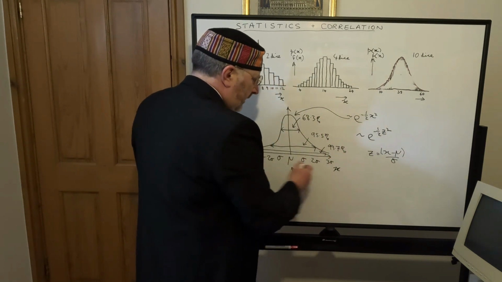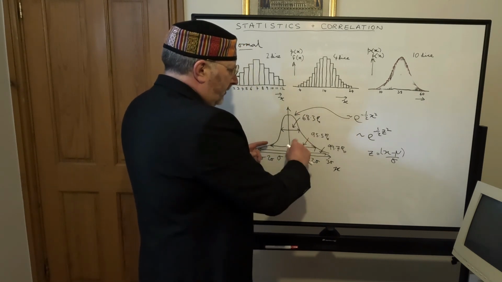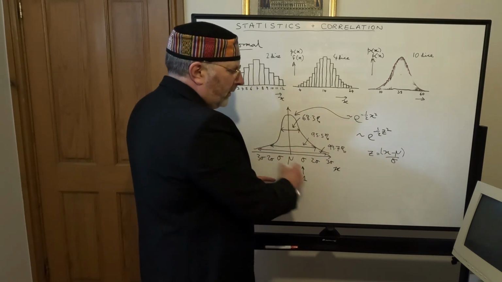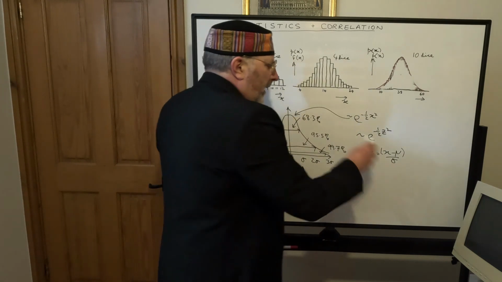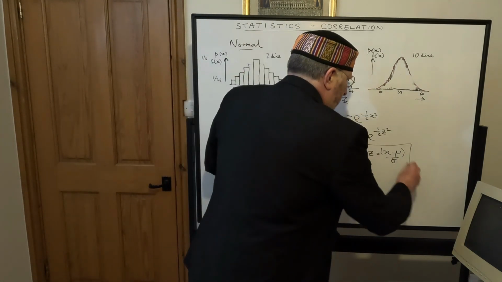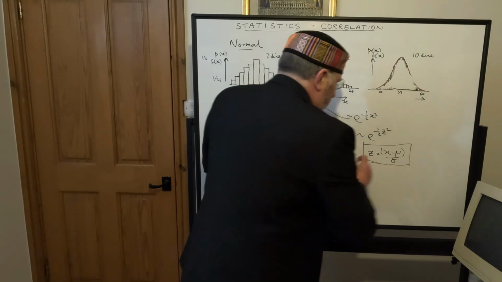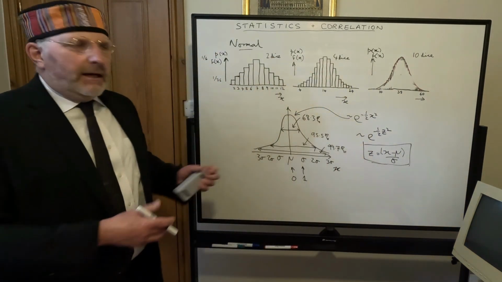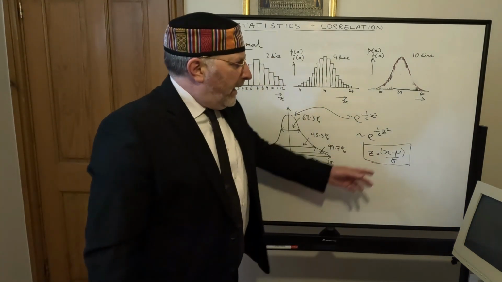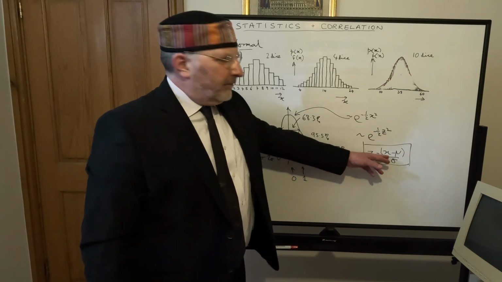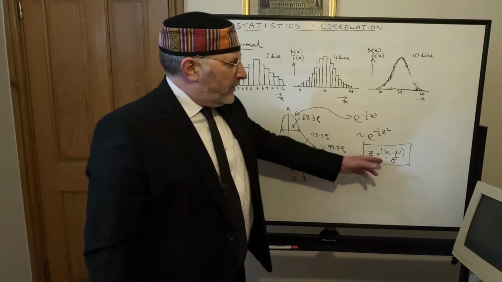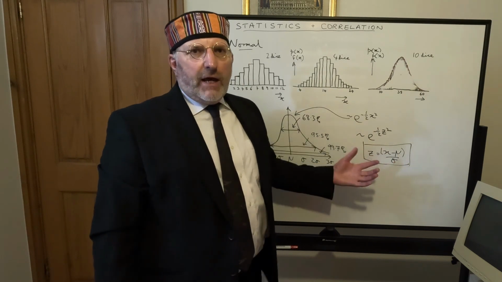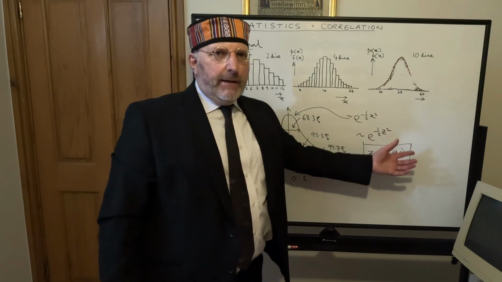So it will correspond to this same curve, the curve that's centered on 0 with a standard deviation of 1. And this is the point of doing this, that we can then compare data in a standardized way. Instead of talking about the actual values x, we just talk about how many standard deviations the value is from the mean.